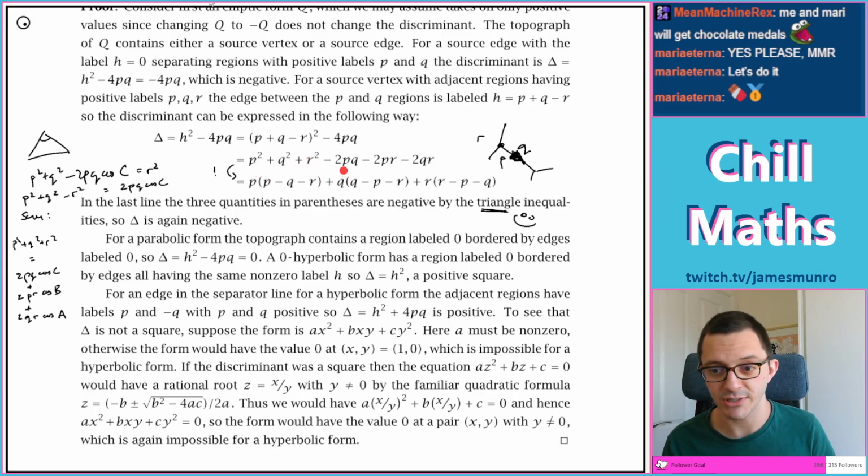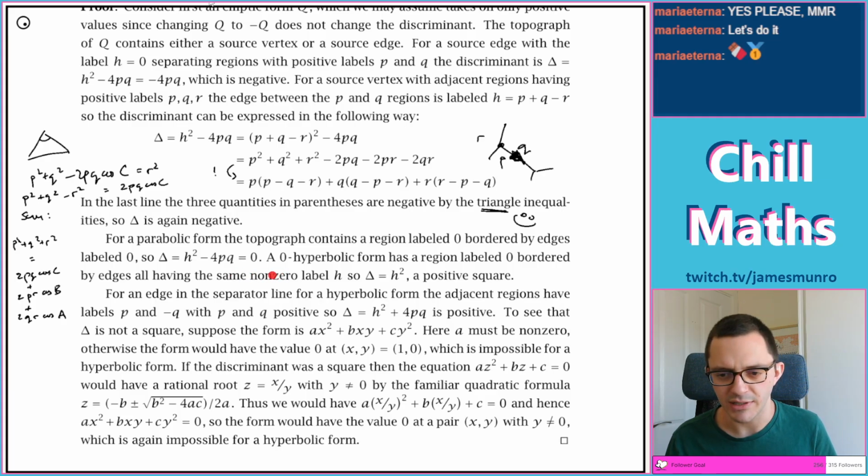I know that expression. That is p minus q all squared. So that looks like a positive square. What are they going to tell me in here? Oh, they told me it's 0. P plus q equals 0 now with this parabolic form.